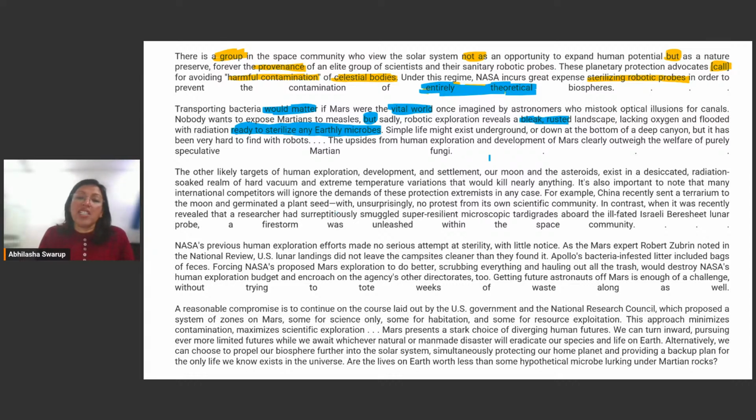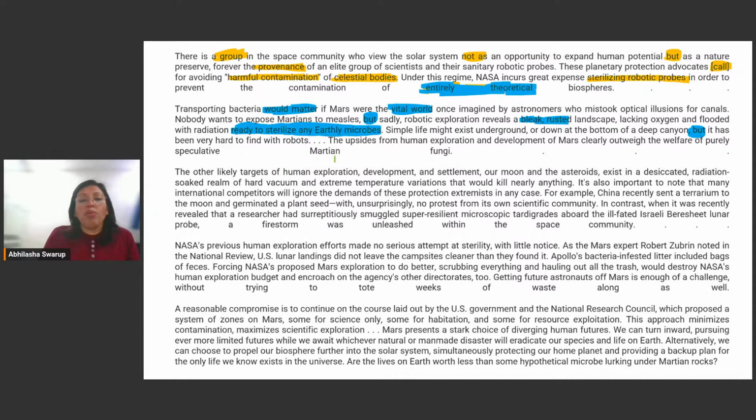Simple life might exist underground or down at the bottom of a deep canyon, but it has been very hard to find with robots. The upsides from human exploration and development of Mars clearly outweigh the welfare of purely speculative Martian fungi. So essentially what the author is saying is that there is high probability that there is nothing there.